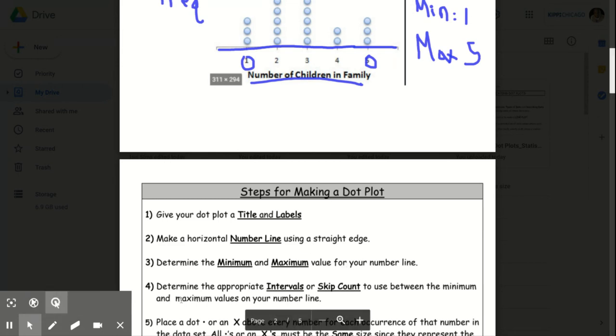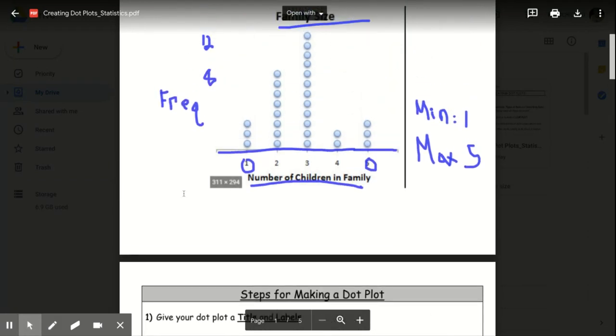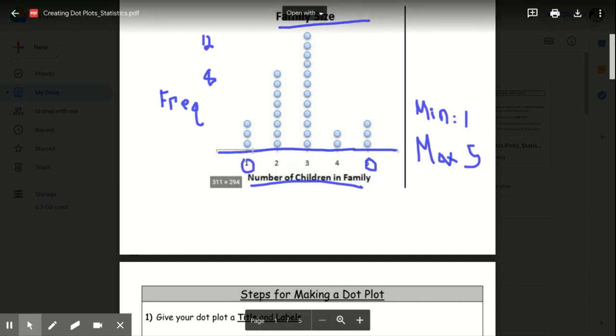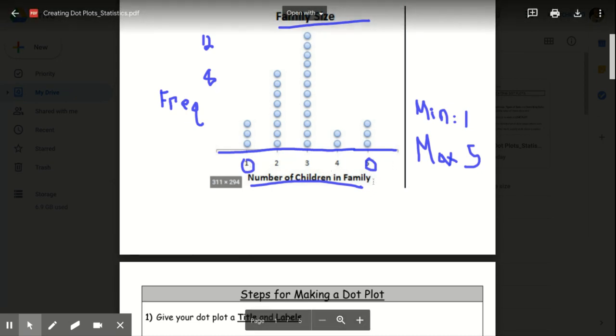Number 4, determine the appropriate intervals or skip counts to use between the minimum and maximum values on your number line. Okay, this is interesting. I know that I have families with one child all the way up to families with 5 children.